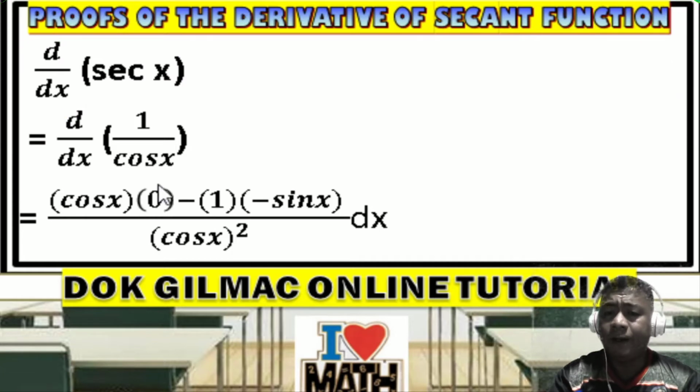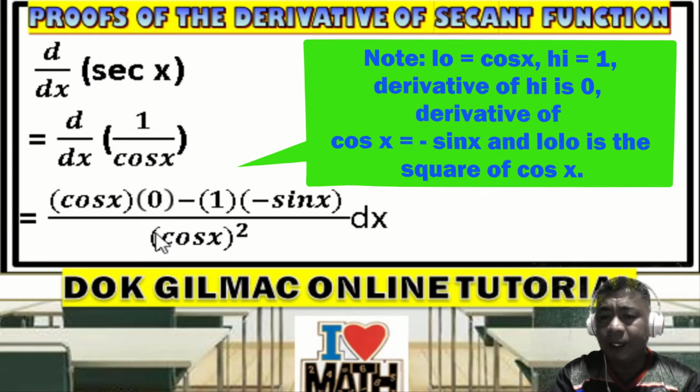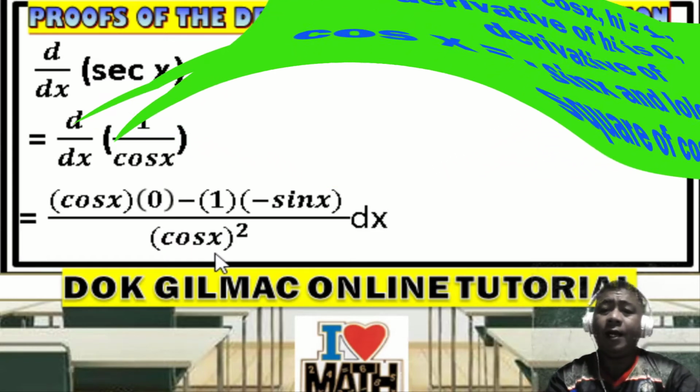dx. Take note, low is cosine x, so just copy. Derivative of 1, which is high, that is constant, is 0, minus high, so just copy 1, derivative of low, which is cosine x, that is simply equal to negative sine x, all over low, so we just square cosine x, so we have quantity cosine x squared.